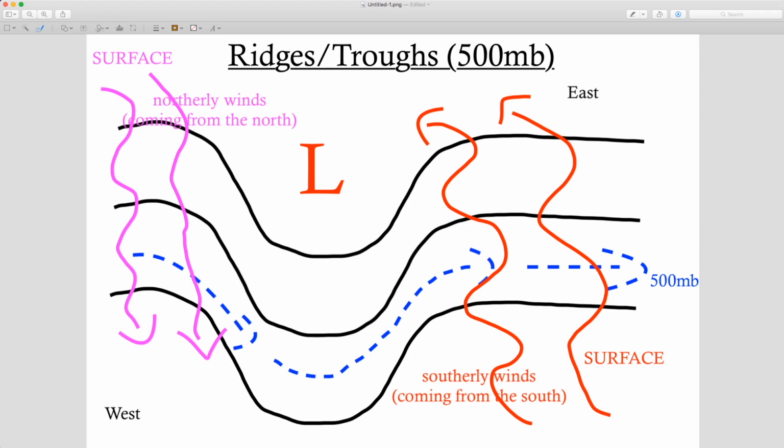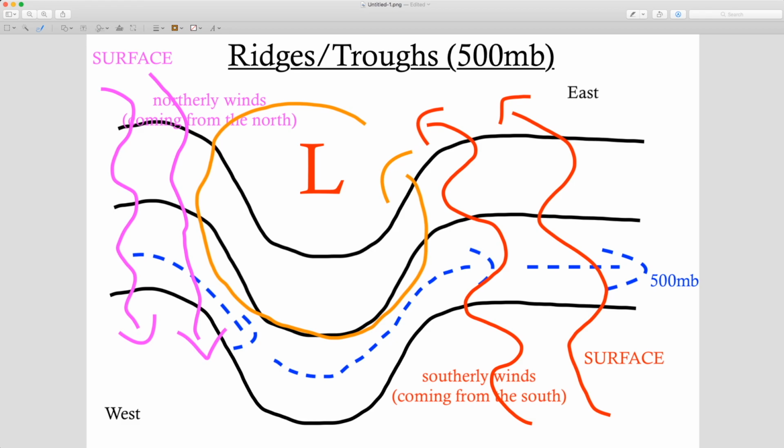Okay, now this is the very basic thought process. Again, the counterclockwise at the surface is the very important part here, and I want you to keep this in mind. This part of the tutorial should go into geostrophic and ageostrophic winds, but we're not going to talk about that because it's way beyond what we're trying to achieve here.